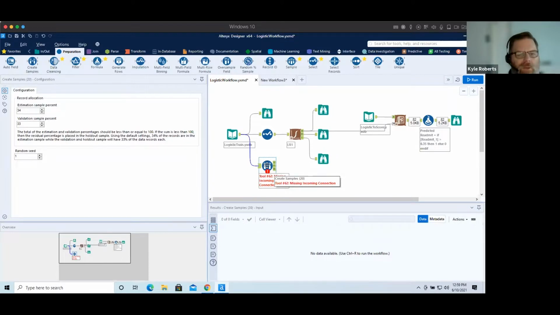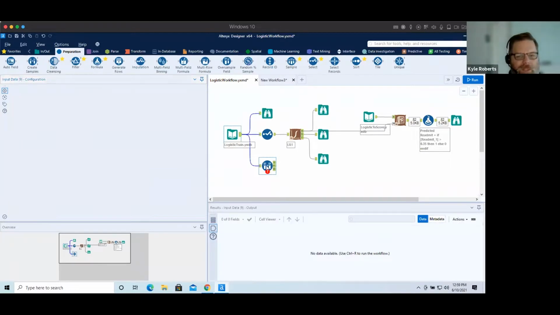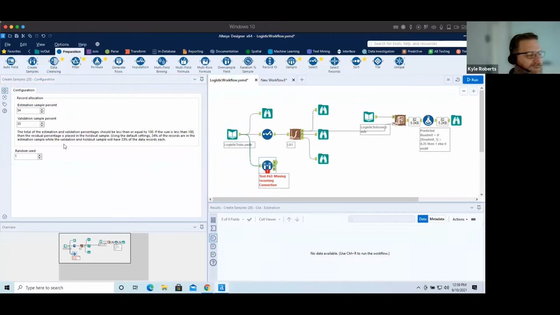We could use this create samples tool to do this. Now, if you'll look here in the fields, I only had 82 rows, so that doesn't make sense for me to do that here. But if you wanted to do the estimation and the validation, you could do that simply with this tool and say, okay, I want a third, a third and a third split out, or however you wanted it split. Okay, that's a great question.